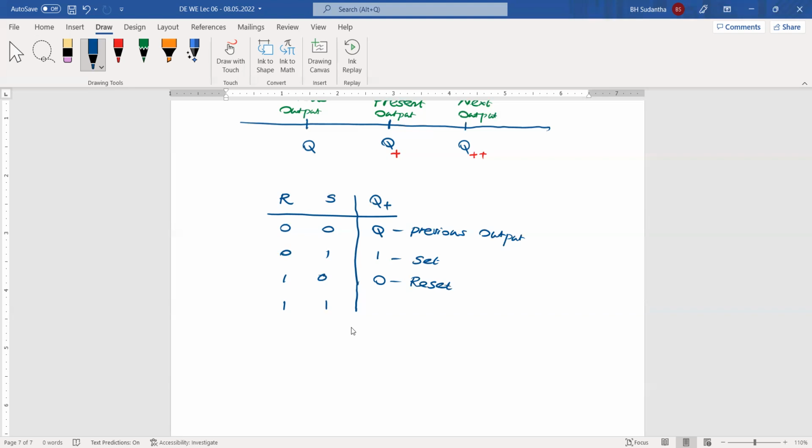What about this one, 1 1? We are asking at the same time to set and to reset. Is it possible? No. Because of that, this is illegal. It's forbidden. We should not do this.